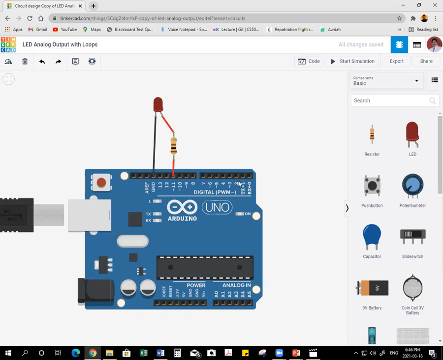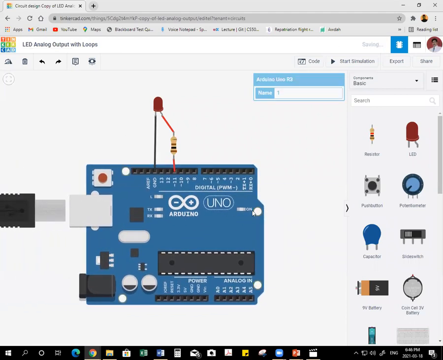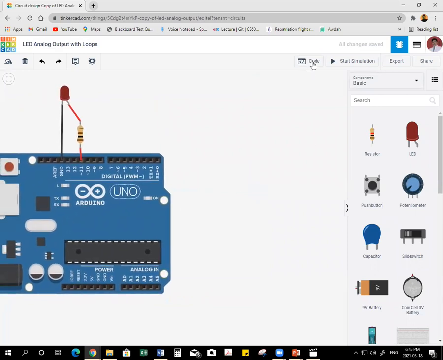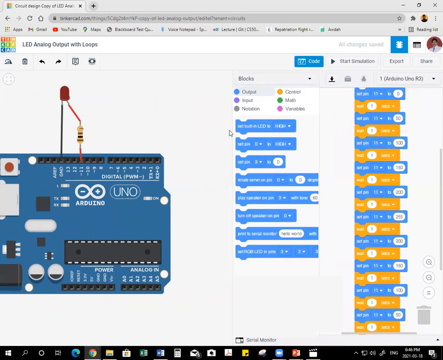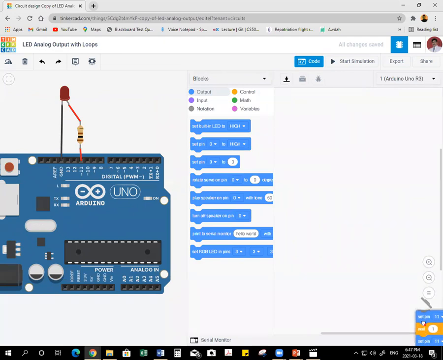Why I did that, because I want to save time. Same, go to the code. Now I can modify these codes because the previous one is already saved in another file. Just remove, put it in the garbage.